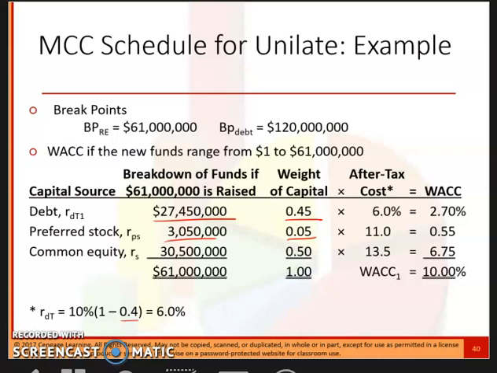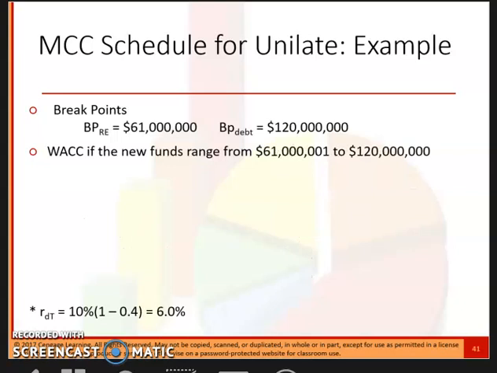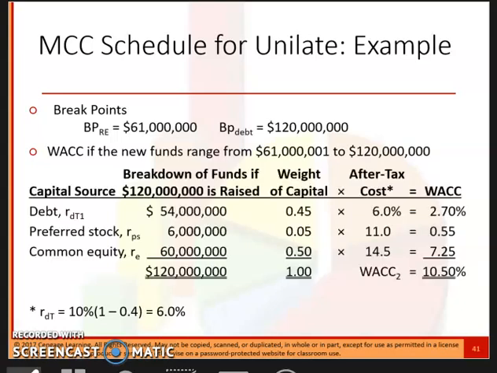So then if we issue our 120 million, we're going to have our less than 120 million, 120 million or less. In this case, it's 120 million.